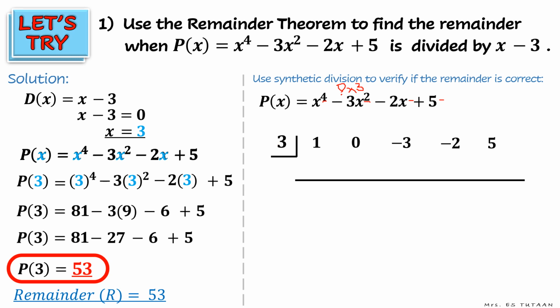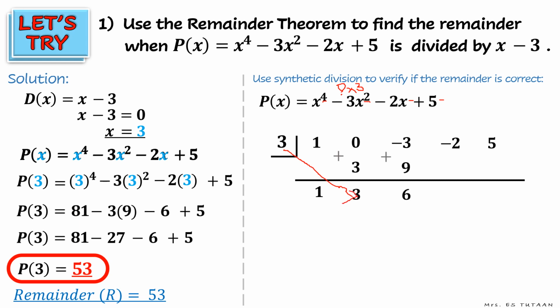And then, we will follow the steps we had for synthetic division. So, first number, bring down, and then 3 times 1 is 3. And then we will add, that will give us 3. And then 3 times 3, that is 9.